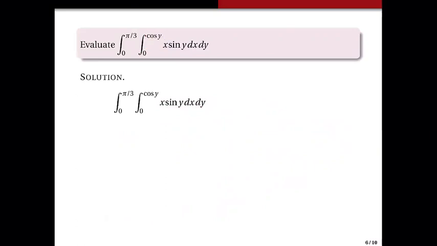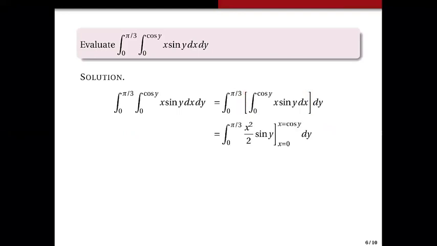This is x squared over 2. And then we evaluate from x equals 0 until x equals cosine y. And therefore, we will end up with 1/2 cosine squared y sine y.